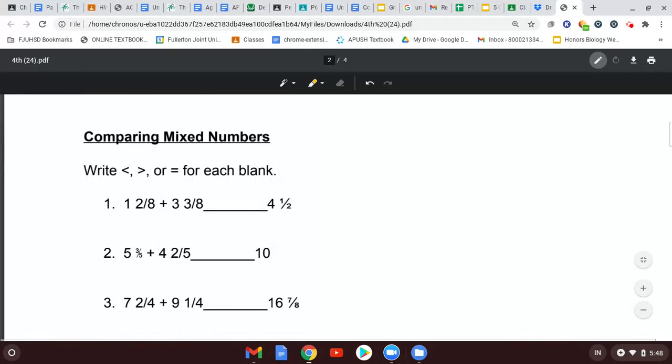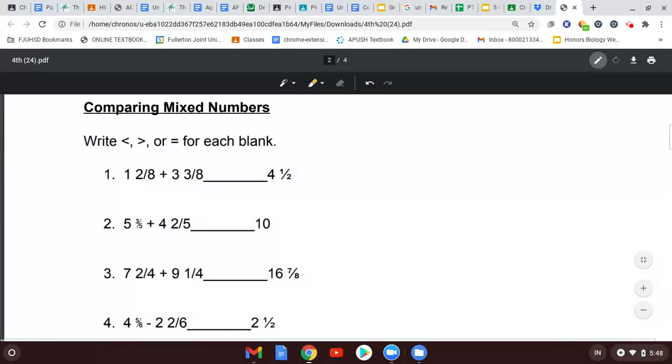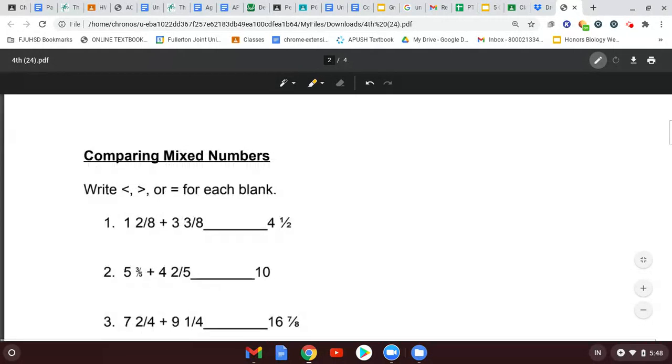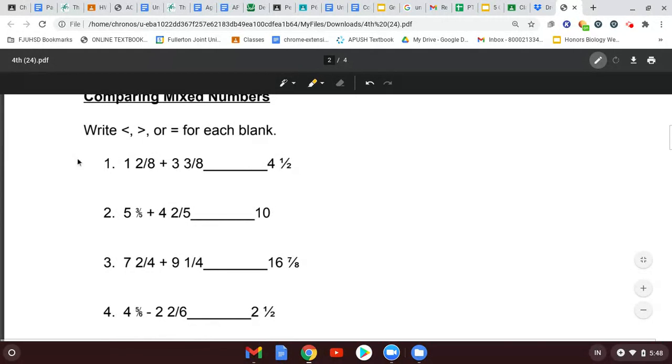Let's do number 2. We're going to page number 2. So this is basically the same thing as we did before. We're first going to add the left side.